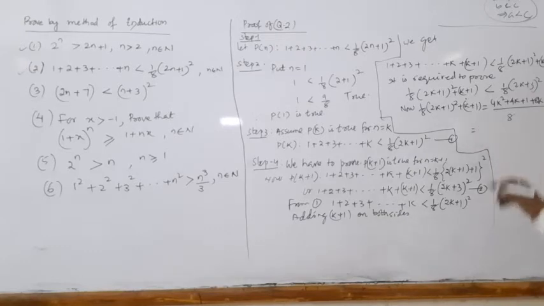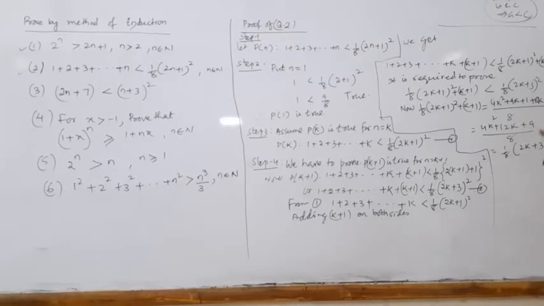This is 4k square plus 12k plus 9 by 8, which is equal to 1 by 8 into (2k plus 3) whole square.